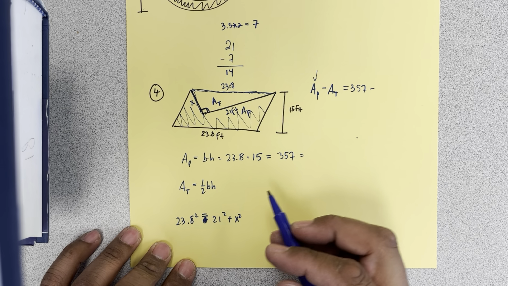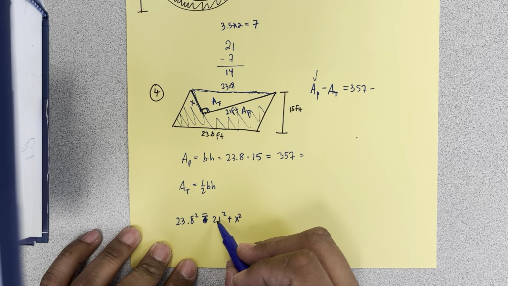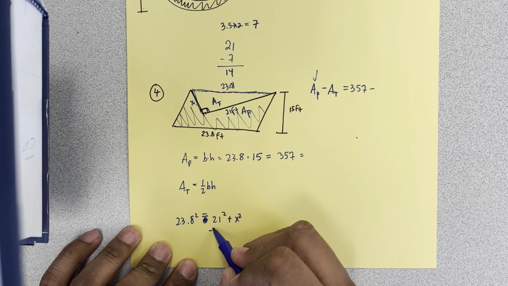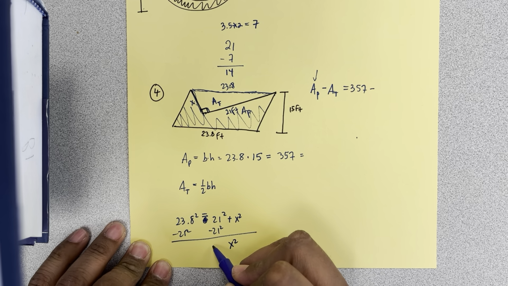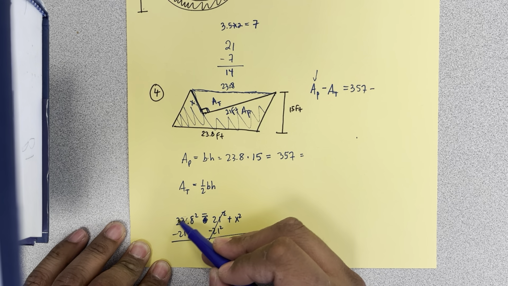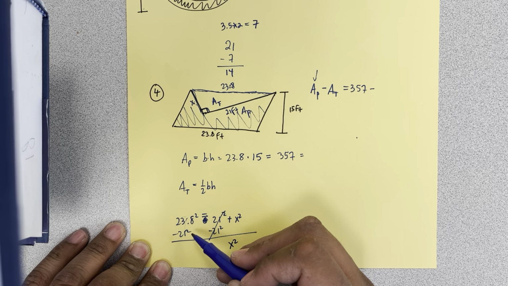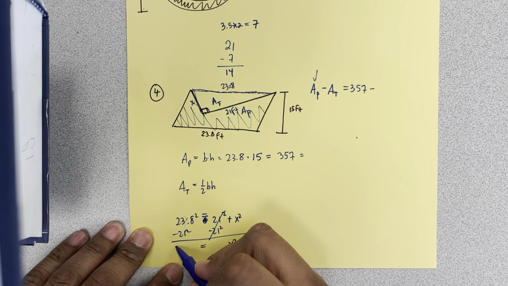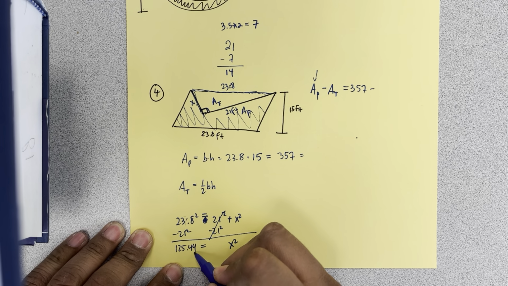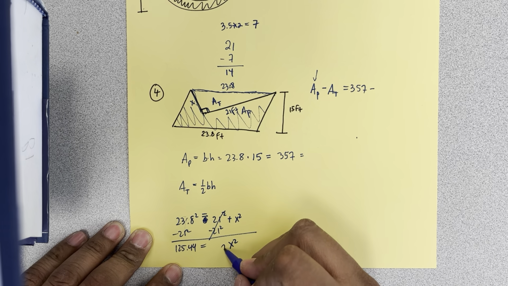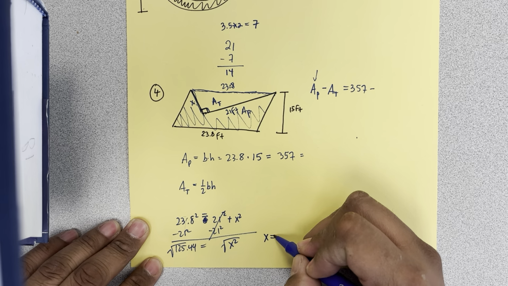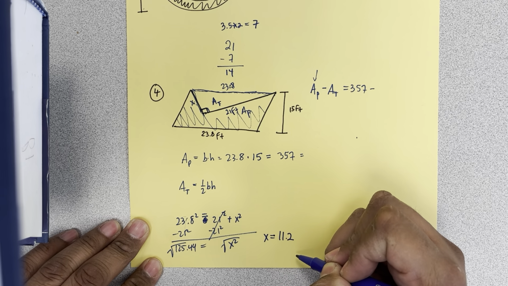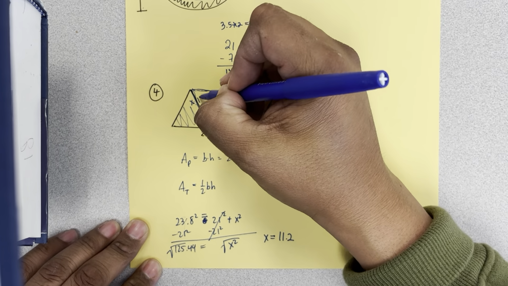So we subtract 21 squared from 23.8 squared, and we get X squared is equal to 125.44. The next step is to take the square root, and we end up getting x is equal to 11.2. So now we know that this is 11.2.